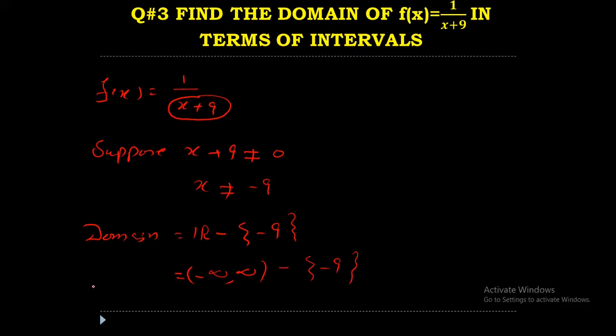So further we can write domain equal minus infinity to minus 9 union minus 9 to infinity.